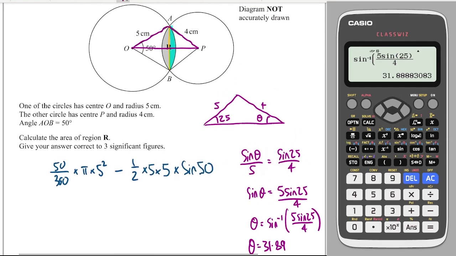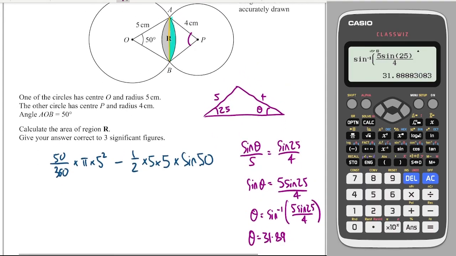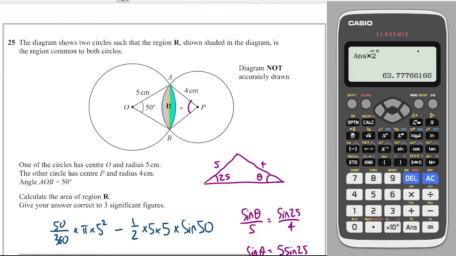Now if we go back to our diagram again, that was just this angle in here. By symmetry, I'll need to double that angle to give me this angle in here, which will be twice 31.89. So that's 63.78.